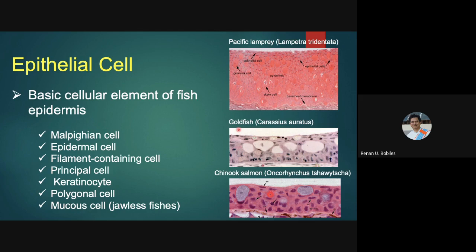Okay? Yan yung term na ginagamit for epithelial cells.